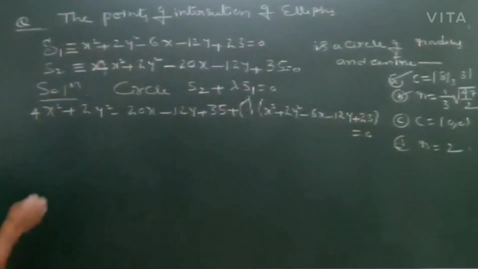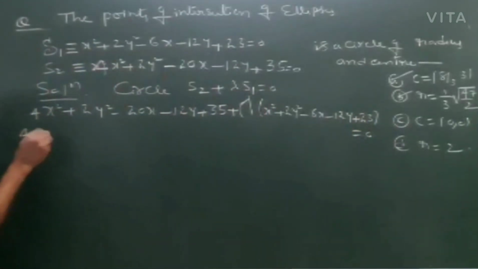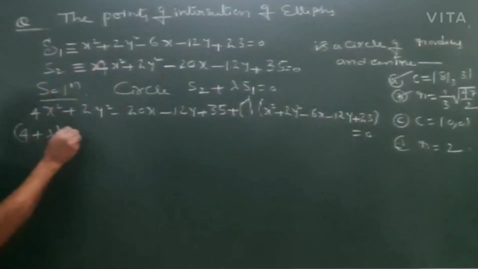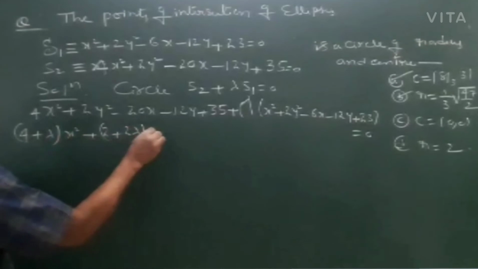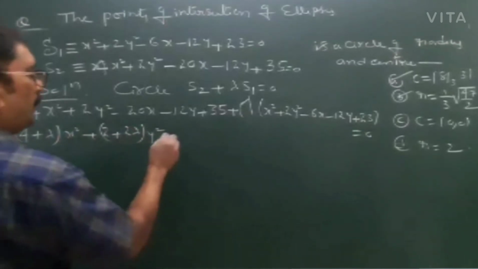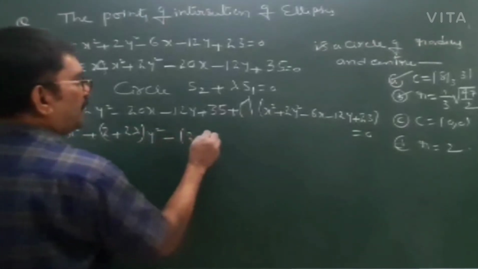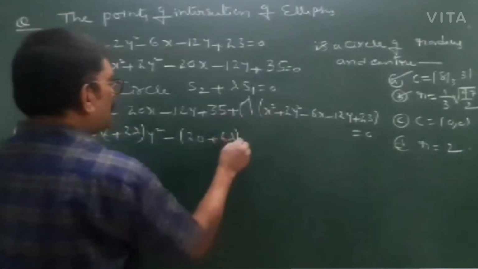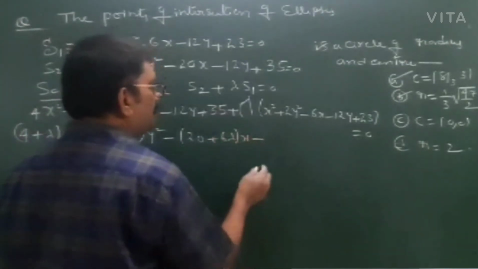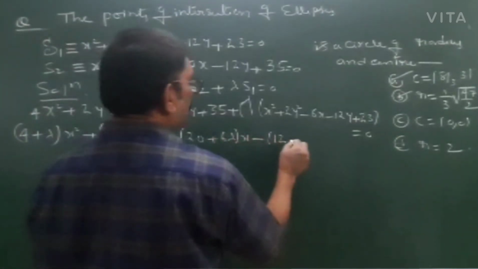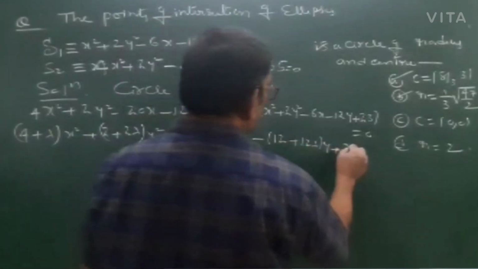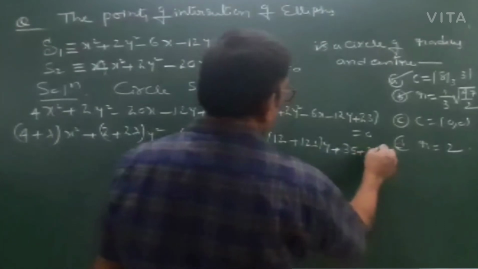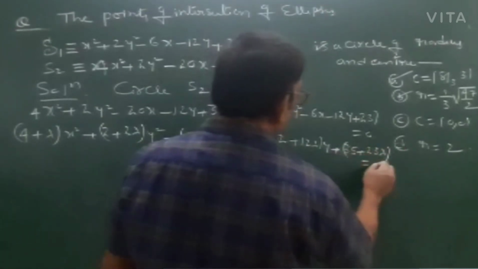Simplify: this becomes 4 plus lambda into x squared plus 2 lambda into y squared, minus 20 plus 6 lambda into x, minus 12 plus 12 lambda into y, plus 35 plus 23 lambda is equal to 0.